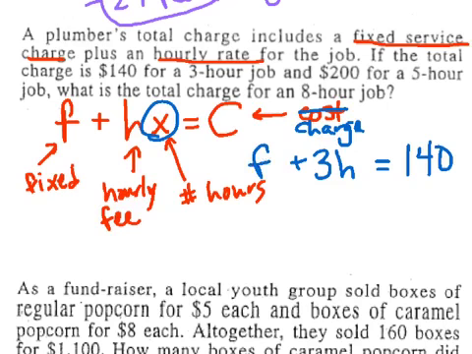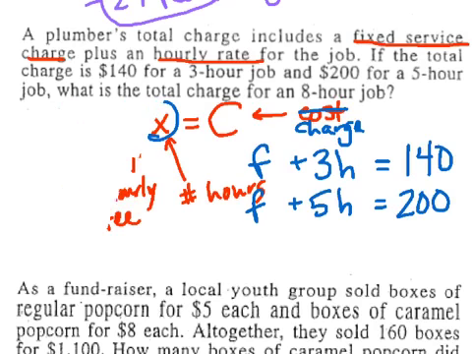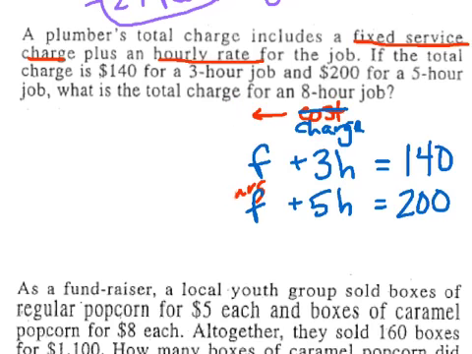Okay, and $200 for a 5-hour job. What is the total charge for an 8-hour job? So in order to figure this out, we need to know what F and H are. And excuse me while I make some room here.